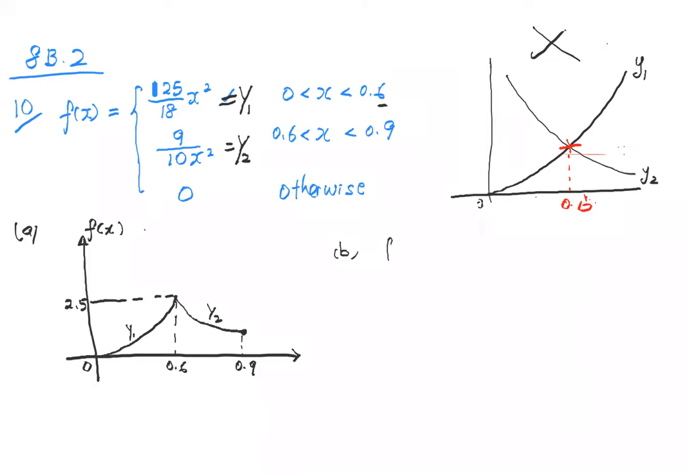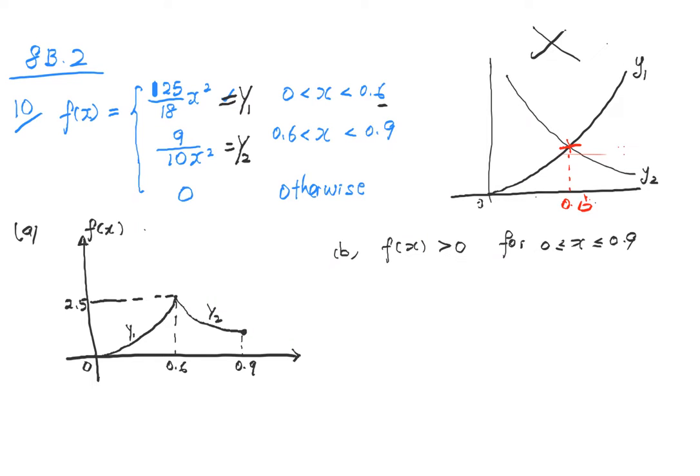So fx is greater than 0 for x between 0 and 0.9. So no problem. So what is the second criteria? Sum of the probability must be equal to 1.